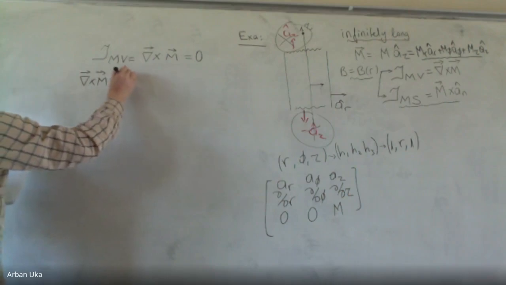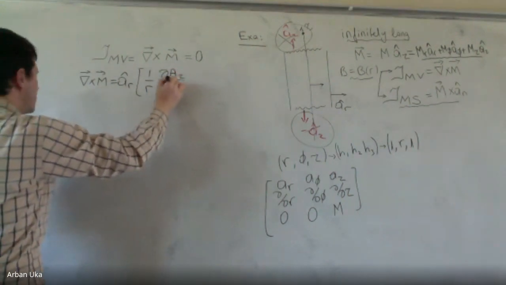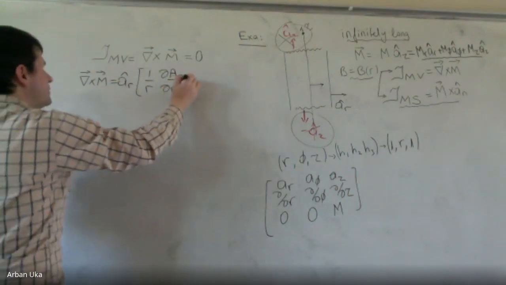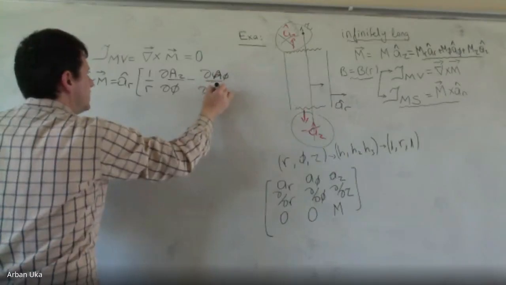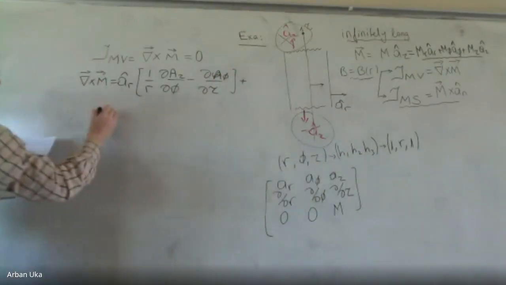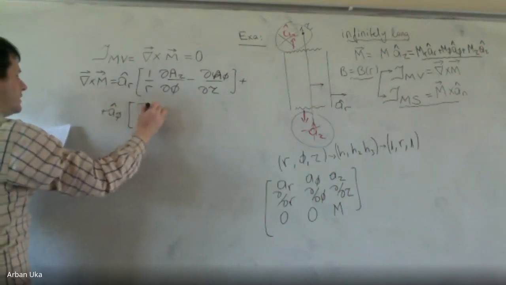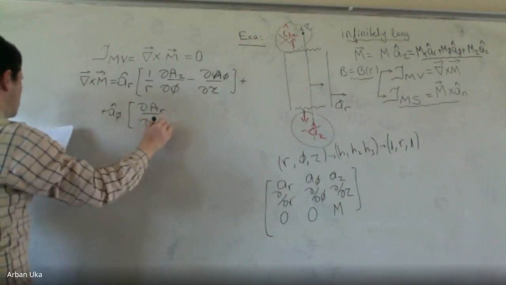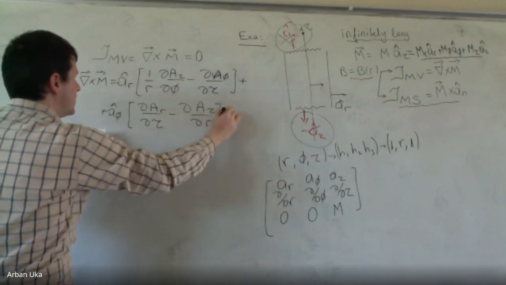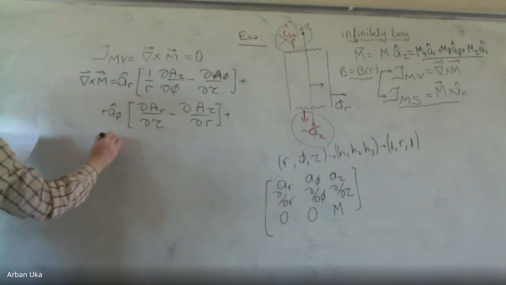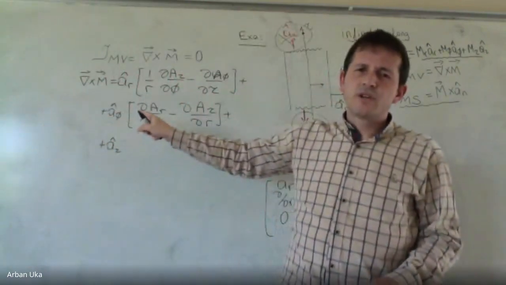This is a_r times 1 over r, the derivative of A_z with respect to phi, minus the derivative of A_phi with respect to z, plus a_phi, the derivative of A_r with respect to z, minus the derivative of A_z with respect to r, plus, right now I'm looking at this expression on the paper. These expressions we can always derive.